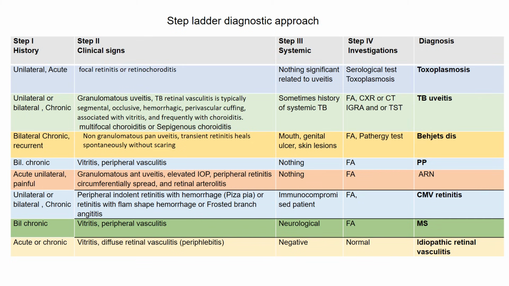The following slide summarizes the stepladder diagnostic approach for the probable causes of retinal vasculitis in our community, which are retinal toxoplasmosis, TB uveitis, Behçet disease, acute retinal necrosis, cytomegaloviral retinitis, multiple sclerosis, and idiopathic retinal vasculitis.